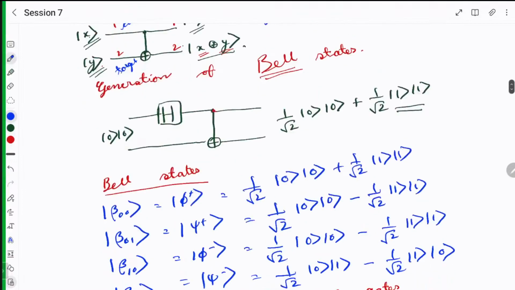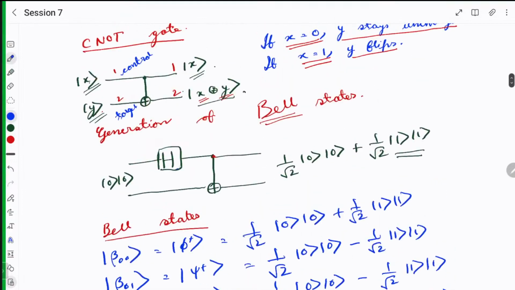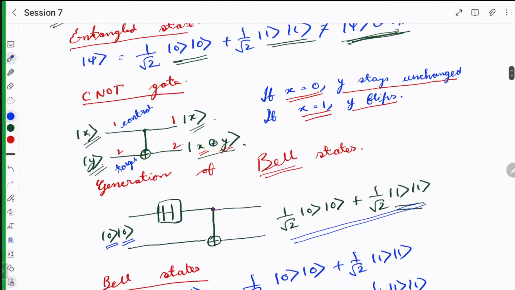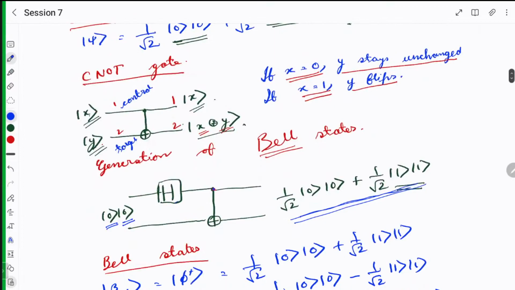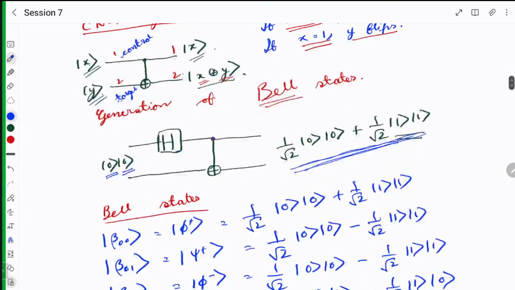If you apply a Hadamard, then a superposition will be generated. And if you use that superposition as the control of the CNOT gate, you would get the entangled states. Remember, we started from a separable state because 0 tensor 0 is already in the psi tensor phi form. And then we reached an entangled state, which cannot be written in the psi tensor phi form.